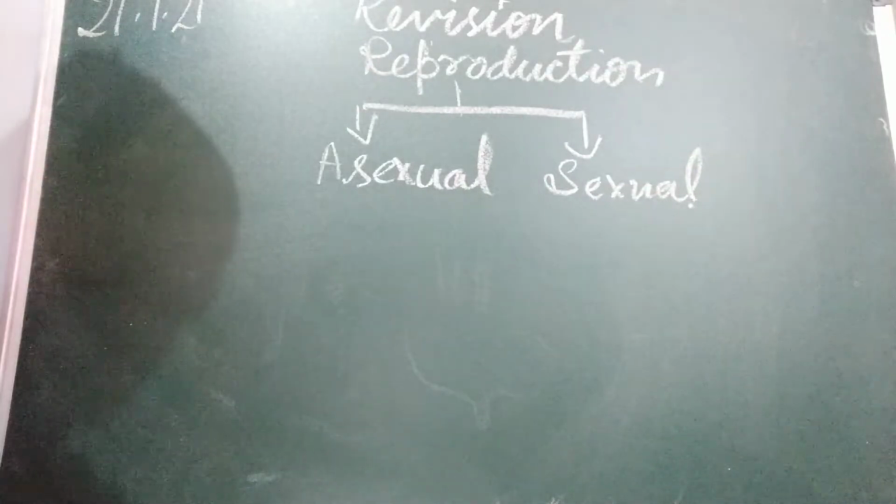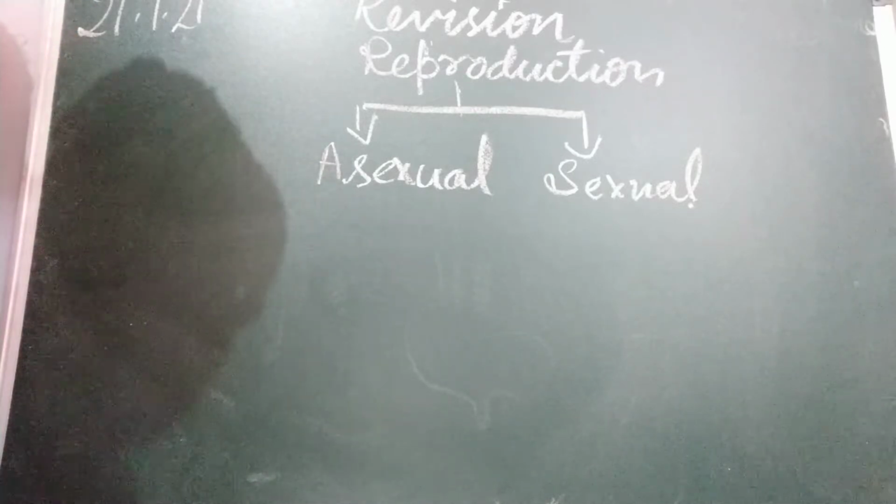Children, asexual reproduction is reproduction in which only one parent is required, resulting in offspring that are exact copies of the parent.